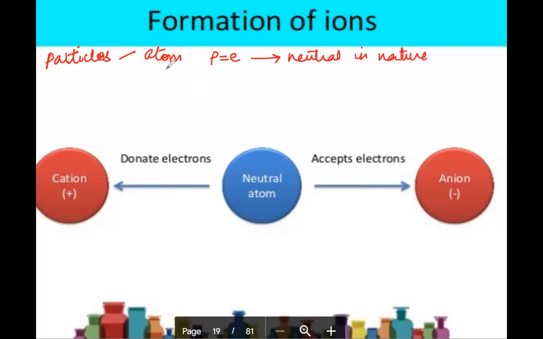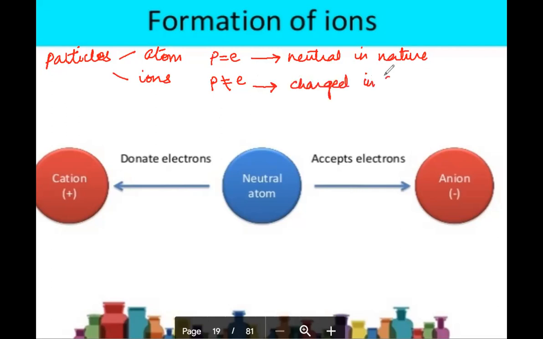The opposite of them are ions. In the case of an ion, the number of protons and electrons are not equal. Because they are not equal, ions are charged in nature.